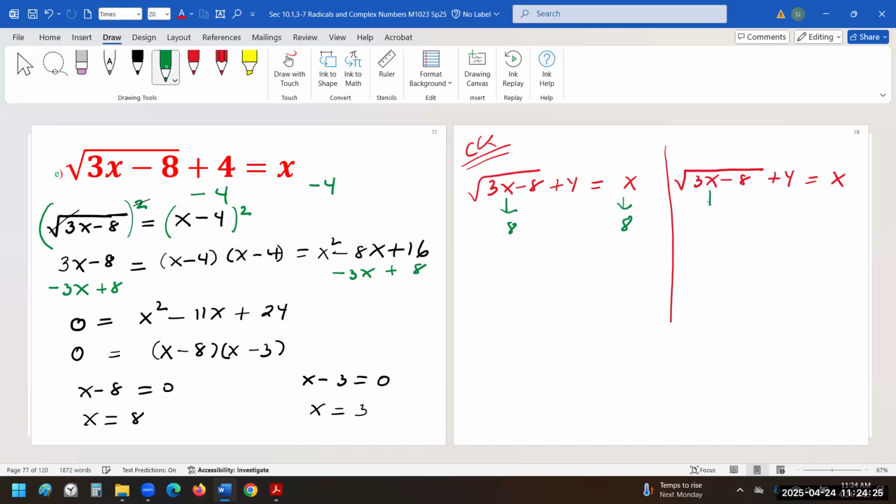In the second one, our x is 3. So every x you see, you replace with 3. So we have 3 times 8 minus 8 under the square root plus 4. The result has to be 8. Here 3 times 3 minus 8 under the radical. And if you add 4, the result has to be 3.